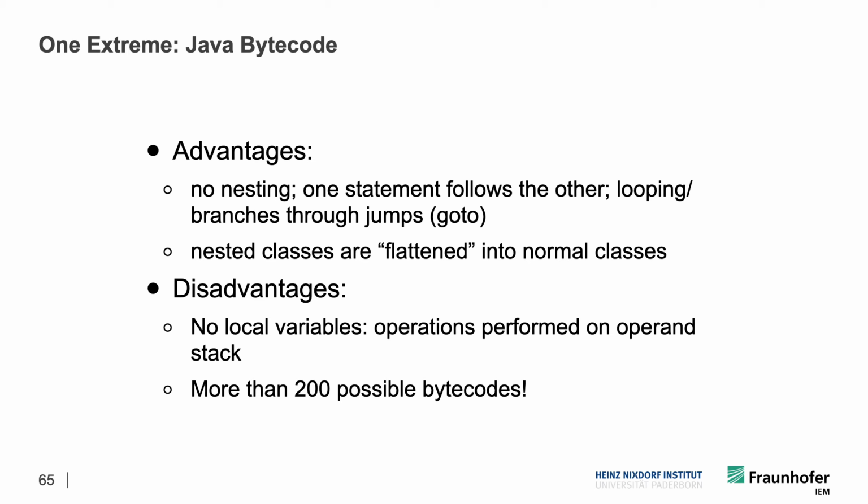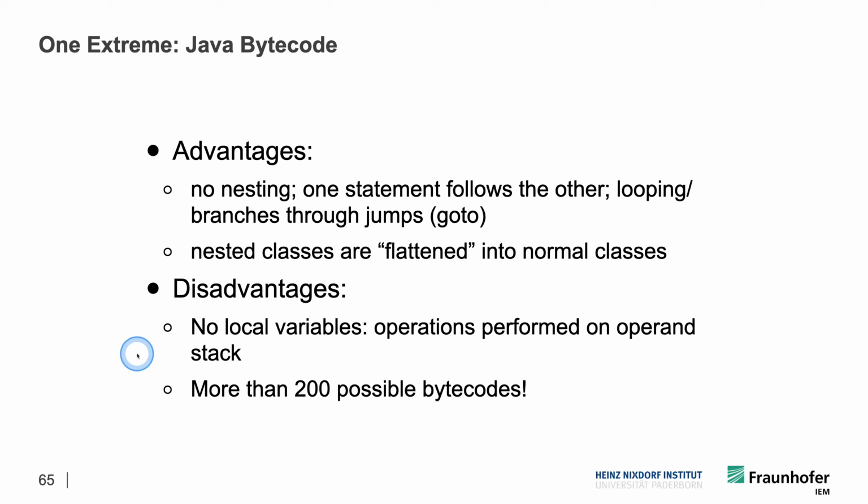But there's no while loop construct, for instance, or for loop in bytecode. That doesn't exist. Also, nested classes like I showed you, also these anonymous inner classes, they are flattened into normal classes. So to the Java virtual machine or anybody else processing Java bytecode, they all look the same. They're just regular Java classes.